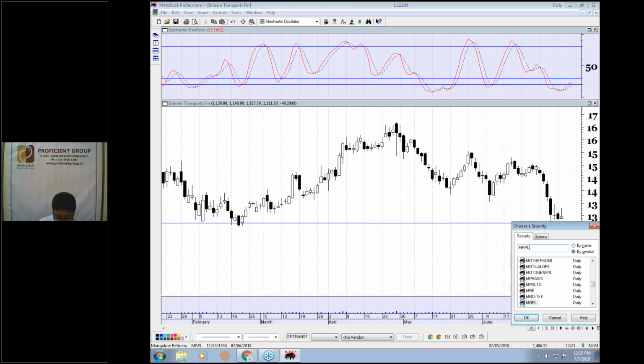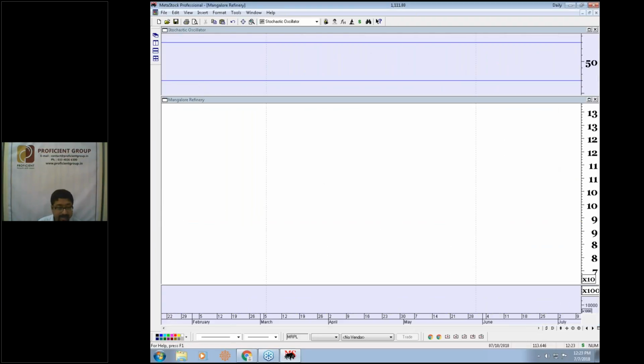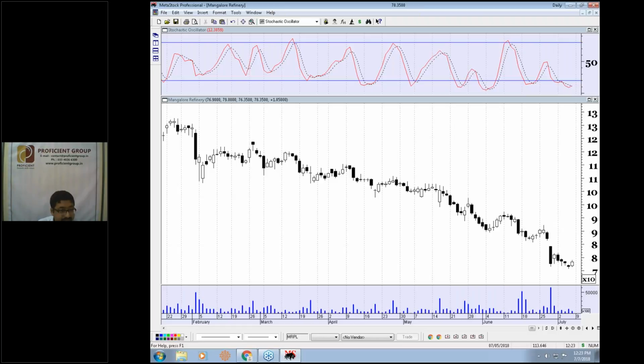And another stock from mid cap is the Mangalore Refinery. We call it MRPL. This is also a selling candidate, but as you can see, the stock is extremely oversold. Although the downtrend is pretty clear, we need to wait for the stock to rise a bit. And here also you can see the breakdown gap, like the one we see in Shriram Transport.